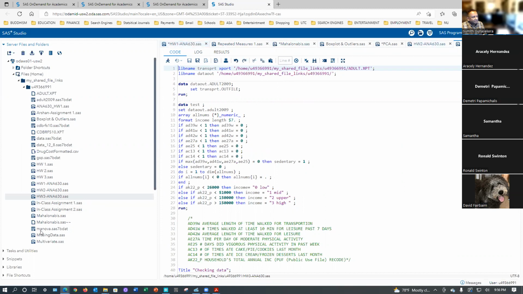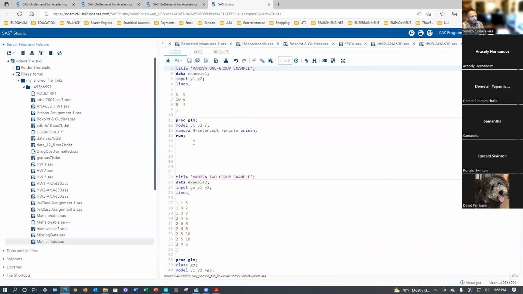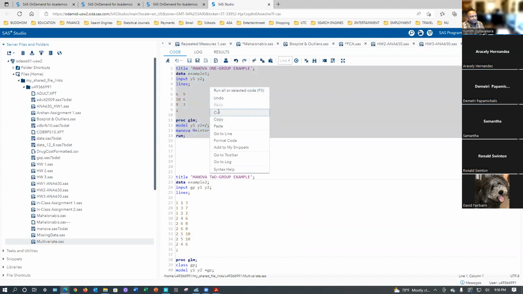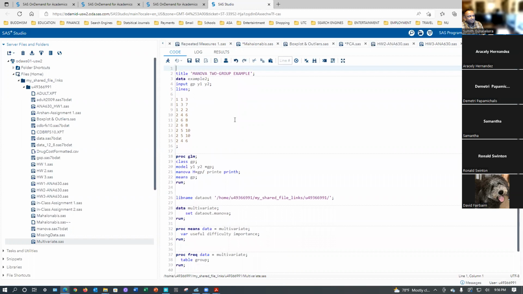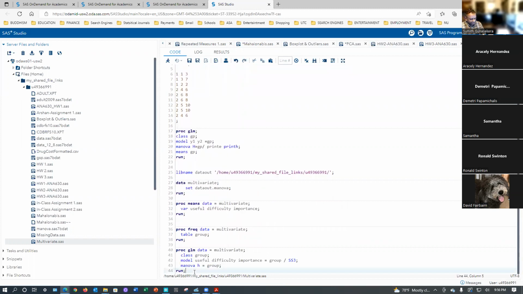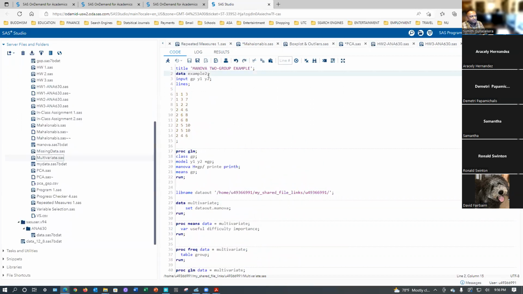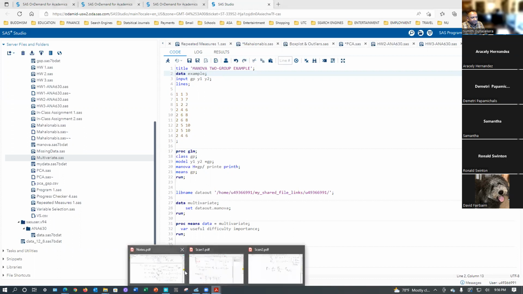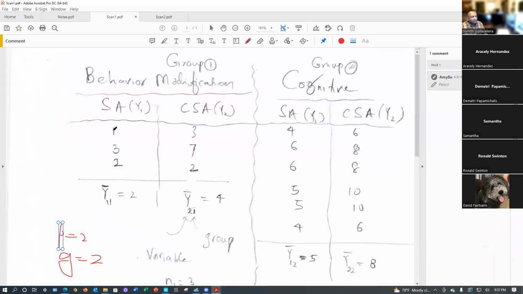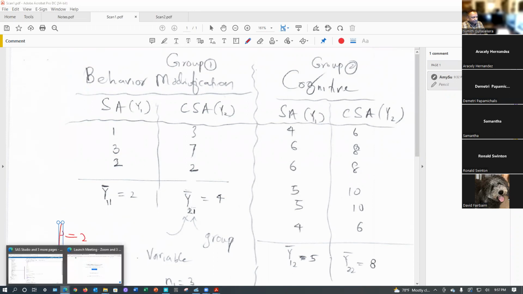For the time being, let's go with the example. Let's go ahead and see how to set up this one.